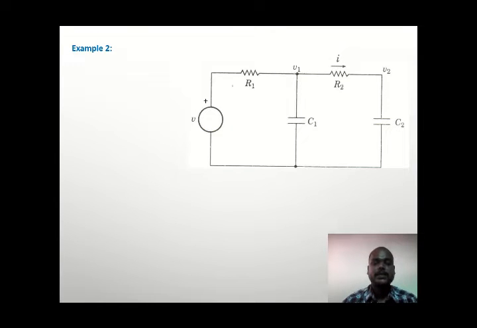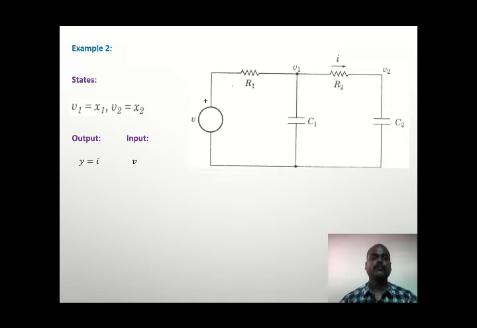In a similar fashion, we can go for another example. Here we have taken this electrical circuit. Now we can clearly see here that we have two capacitors. That means there will be two variable voltages, and we can obtain the equations accordingly. So let us define our states first.